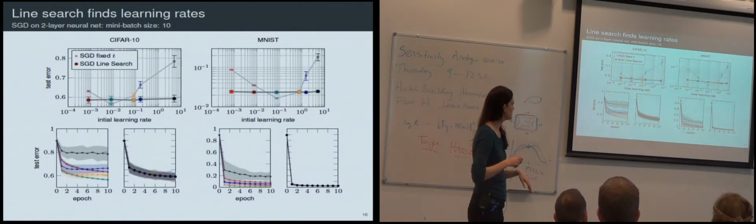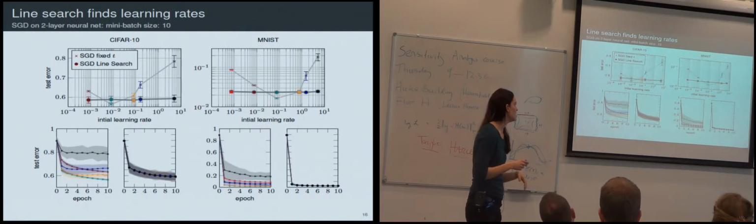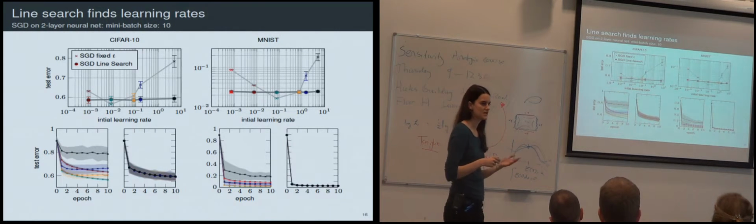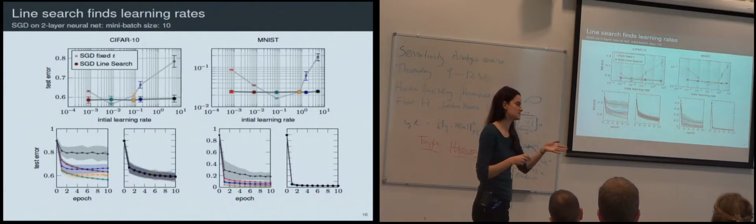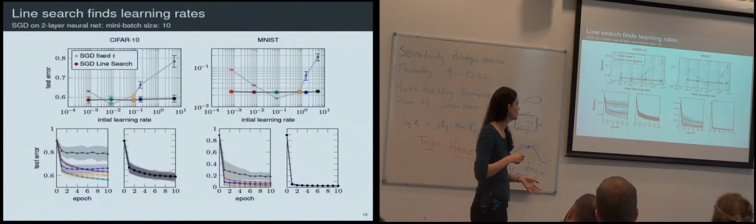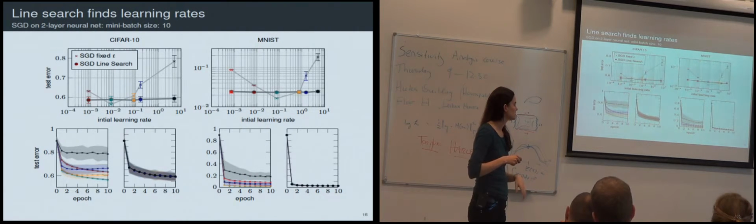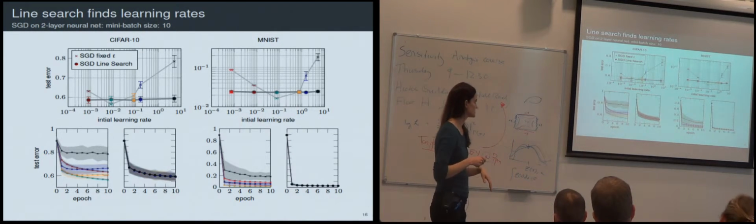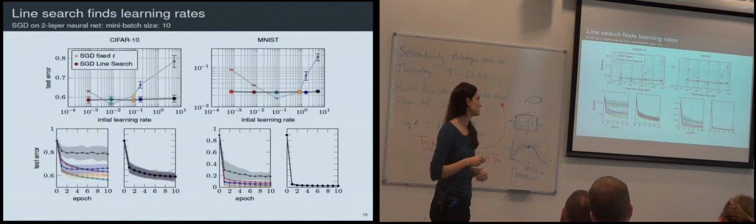The performance depends very, very much on the choice of this learning rate when you just keep it fixed. And the lines here show the performance when you use the line search, initialized with the learning rate indicated here for the very first step. It is insensitive to the choice of this initial learning rate, and it just adapts the step size over time.